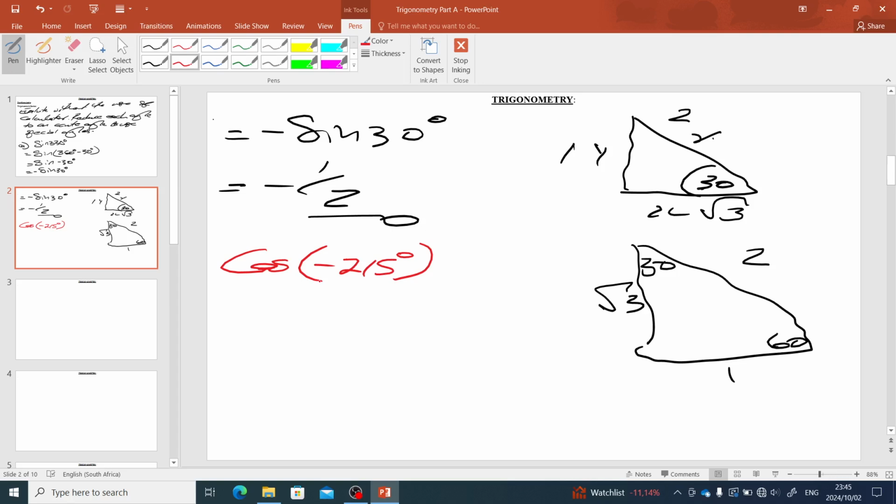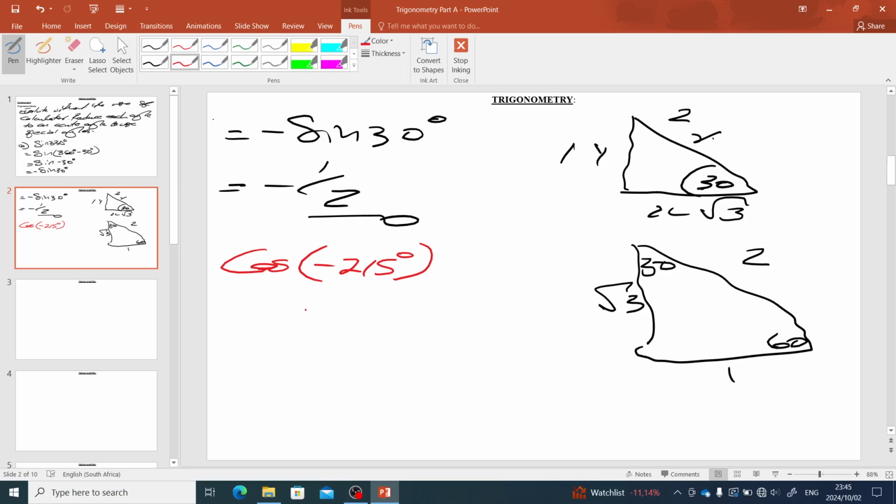Now, 270 minus, okay, 200, we can then use the coterminal principle or the negative identity to make this a positive angle there. Okay, we can.